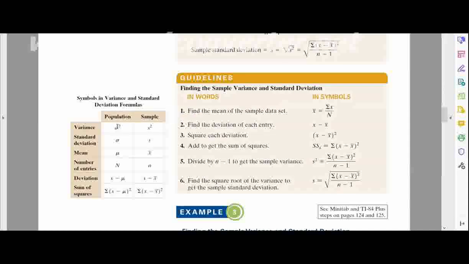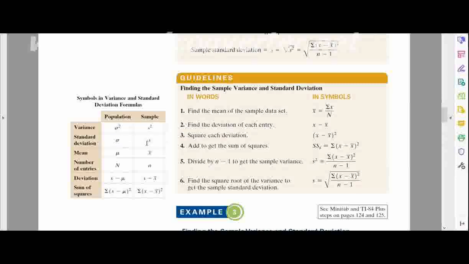So you put a little exponent, which in this case is 2, on top of sigma, and you have your variance. Remember that variance gives you unit squared. For sample, we're using S squared. Standard deviation, which is the square root of the variance, is denoted by sigma for population.